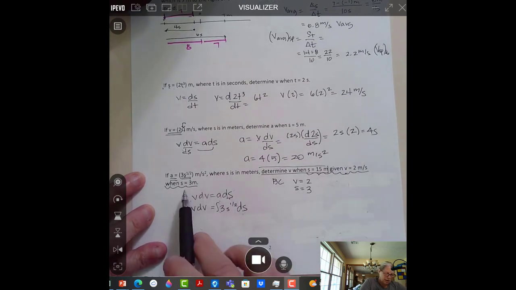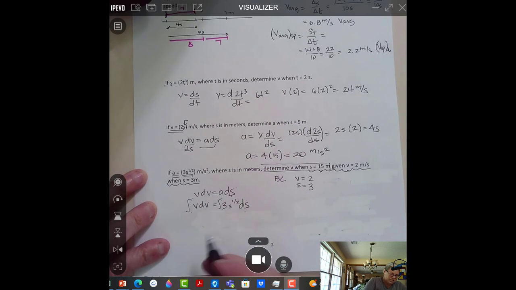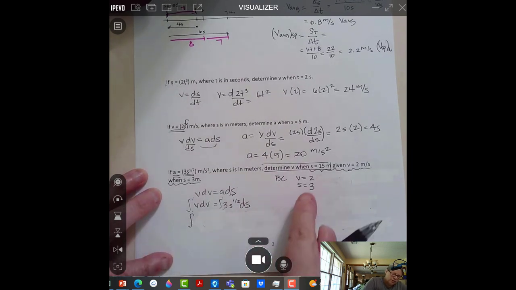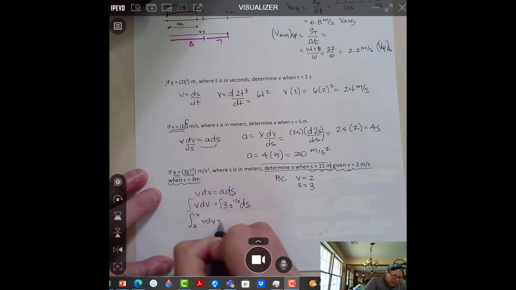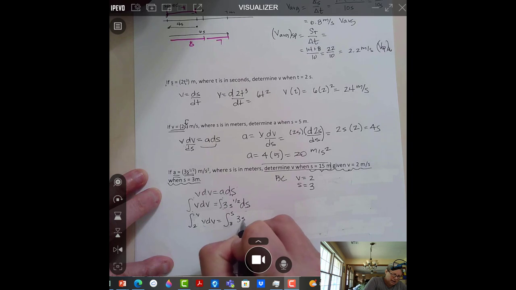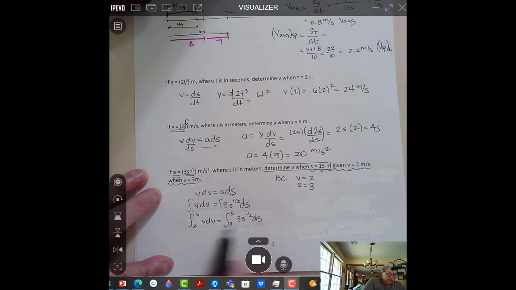We have to pay attention to the boundary conditions given. So I am going to be integrating from 2 to v of v dv equals from 3 to s of 3s to the 1/2 ds. So the boundary conditions are what we are integrating with respect to.